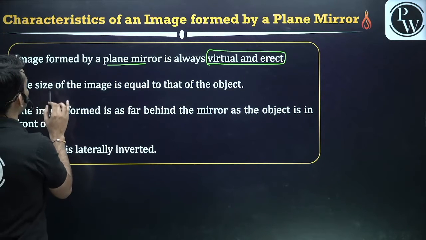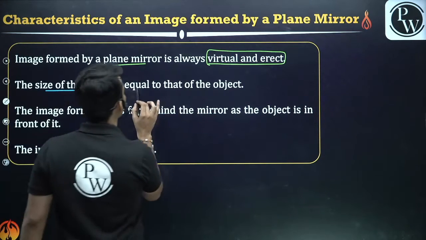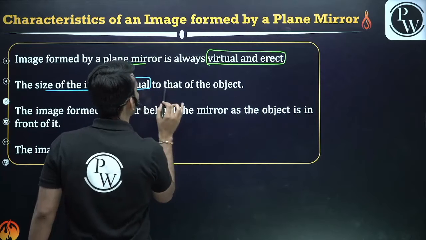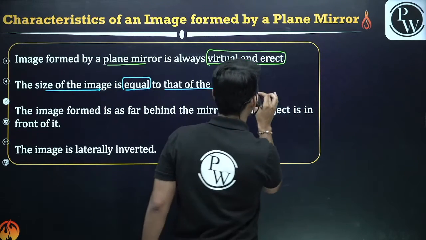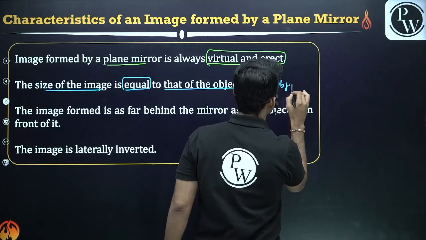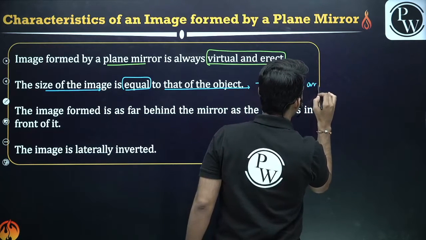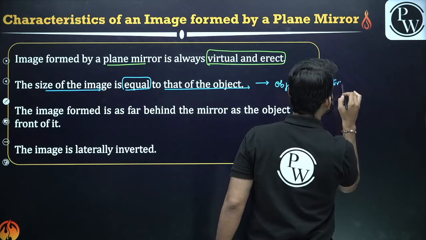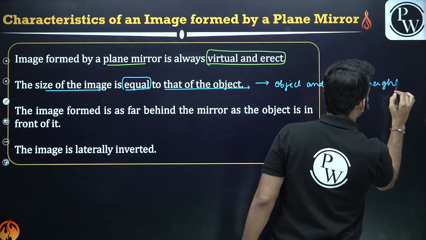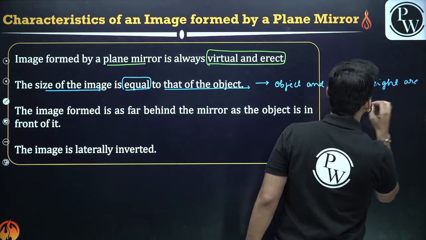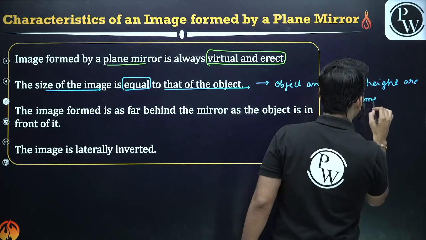Next point is, the size of the image is equal to the size of the object. Object height and image height are same. Is it clear, guys?